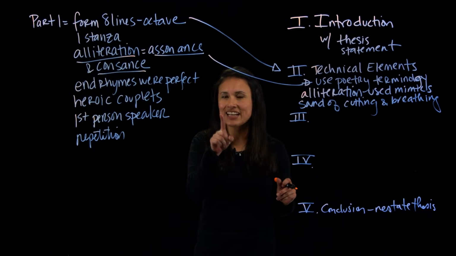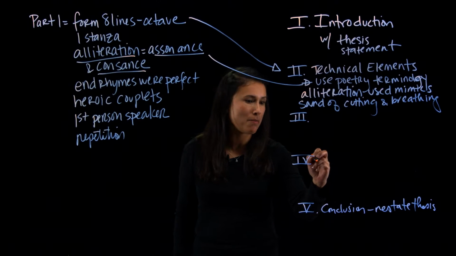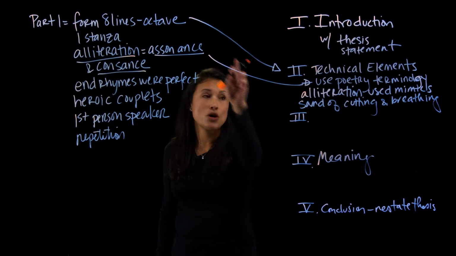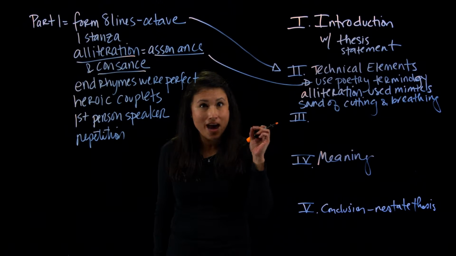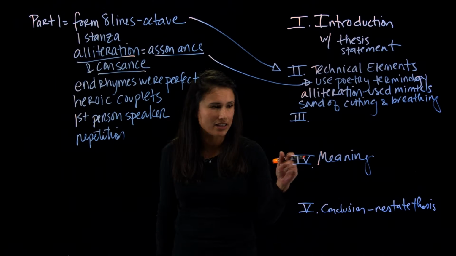We're getting closer to meaning now. I would put that in my part 3 when we're talking about meaning. As you assign the technical elements, when you have an epiphany or a realization, you want to put that in the meaning, okay?